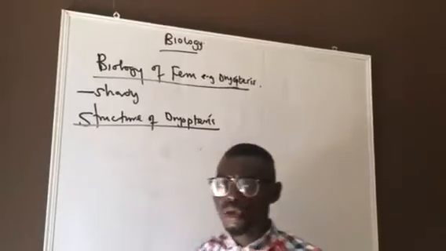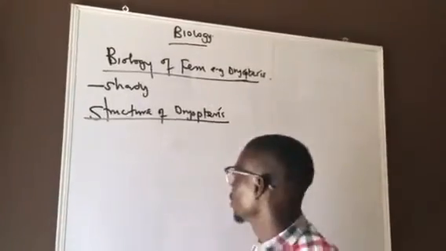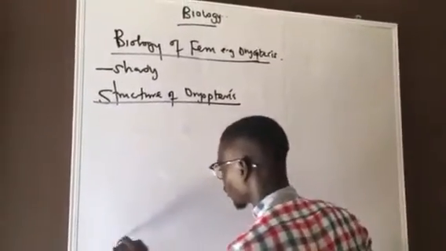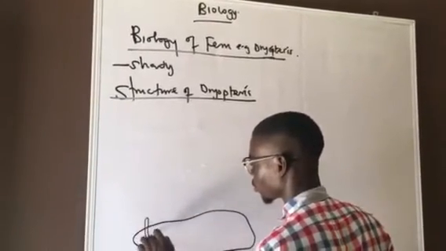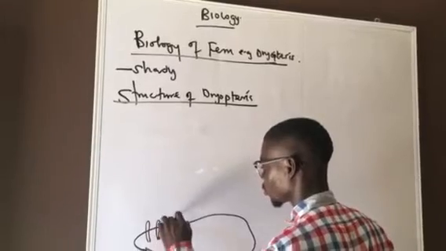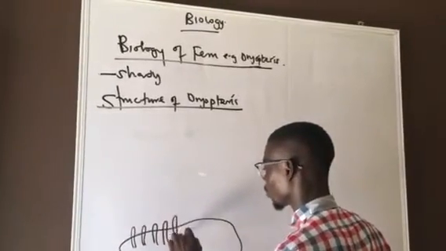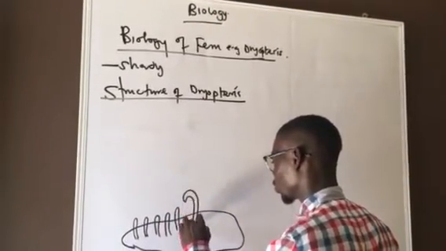Dryopteris dominant generation is the sporophyte. So we are going to draw the sporophyte as well as the gametophyte. So this is the sporophyte. The sporophyte is the dominant generation.